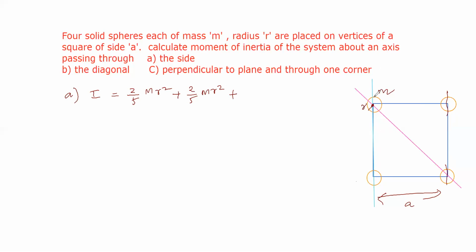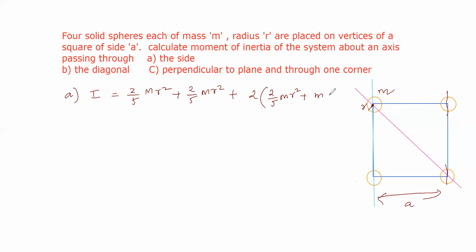About this axis we need it, so we take the parallel axis theorem for these two spheres. These two spheres are at the same distance from the axis, so we take twice the moment of inertia. According to the parallel axis theorem, the moment of inertia is the moment about the center of mass, 2/5 mr², plus m times the square of the distance between the two parallel axes.